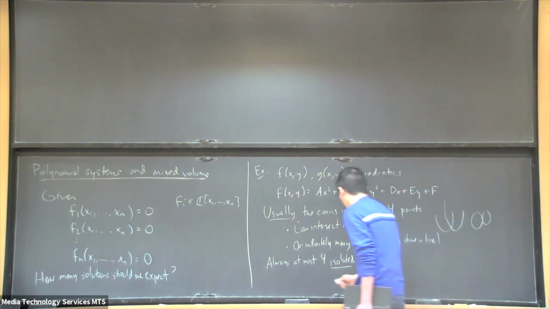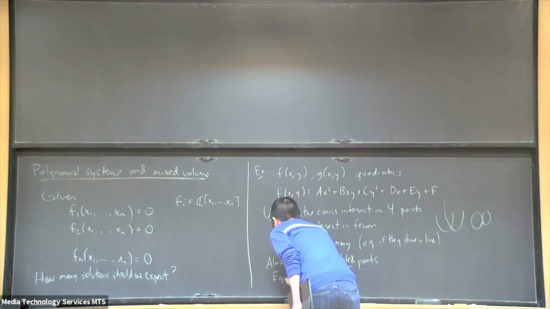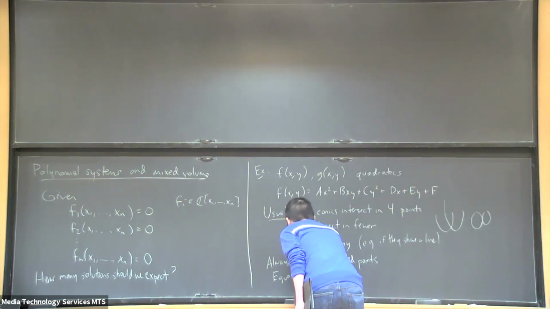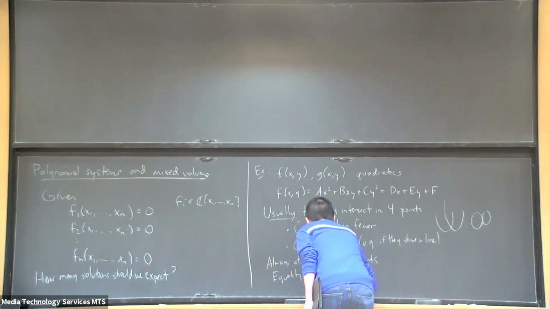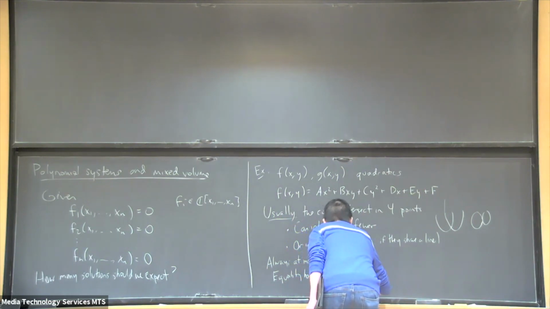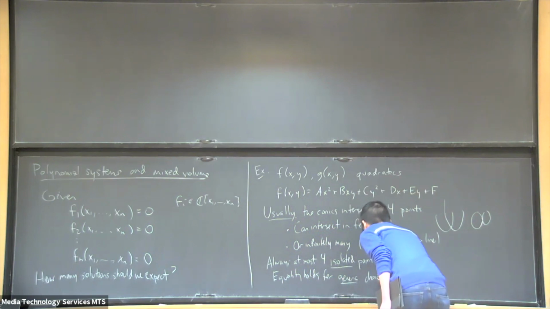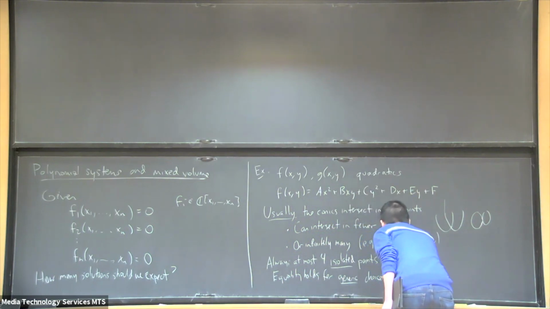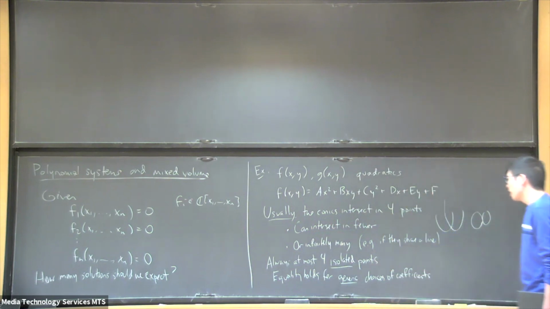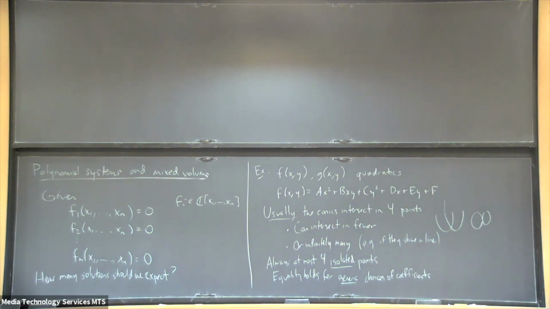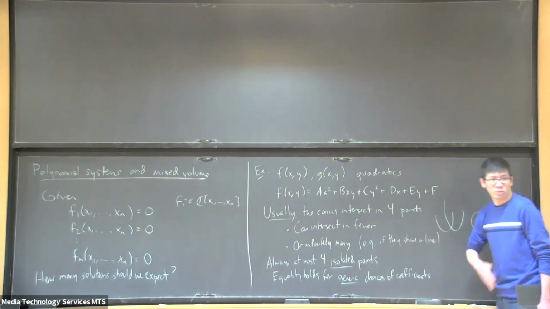So equality holds for so-called generic choices of coefficients, where again, you can take generic to mean just a randomly chosen collection of coefficients, or more technically, that the coefficients don't satisfy some algebraic condition.